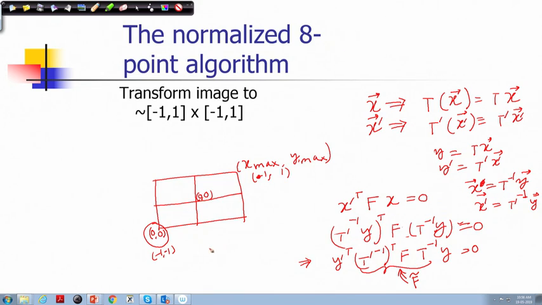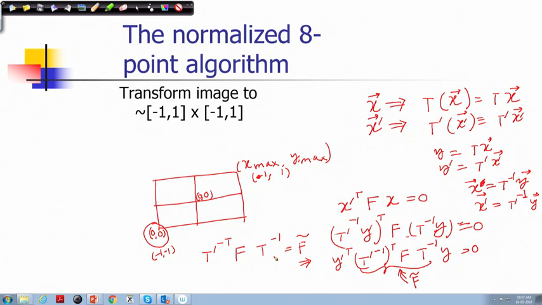That relationship we can use: T prime transpose f T inverse equals f tilde.